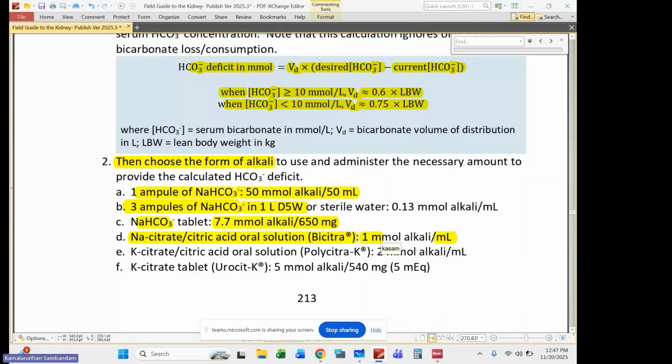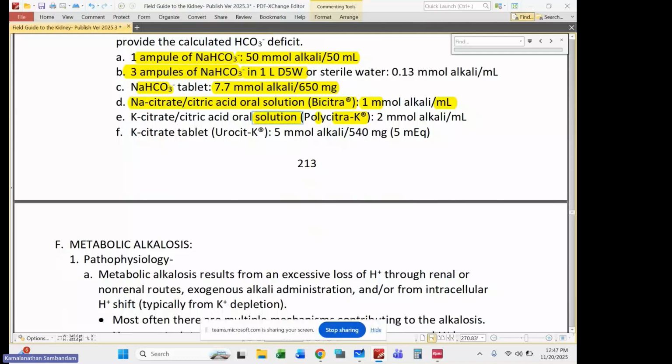You can get hypernatremic, similar to when you push multiple amps of bicarbonate. That is hypertonic bicarbonate. We also have potassium-containing liquid, which is sometimes used in your RTA patients who can't tolerate, for instance, the tablet Uracit. You can give them Polycitra. And we also have the tablet Uracit K.